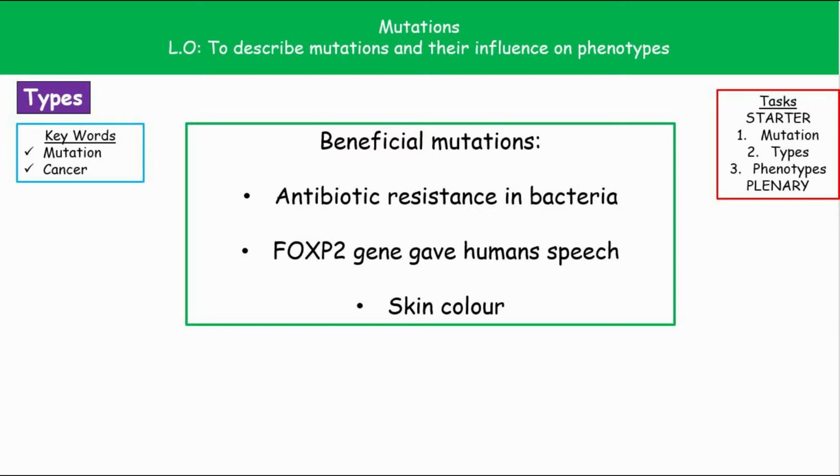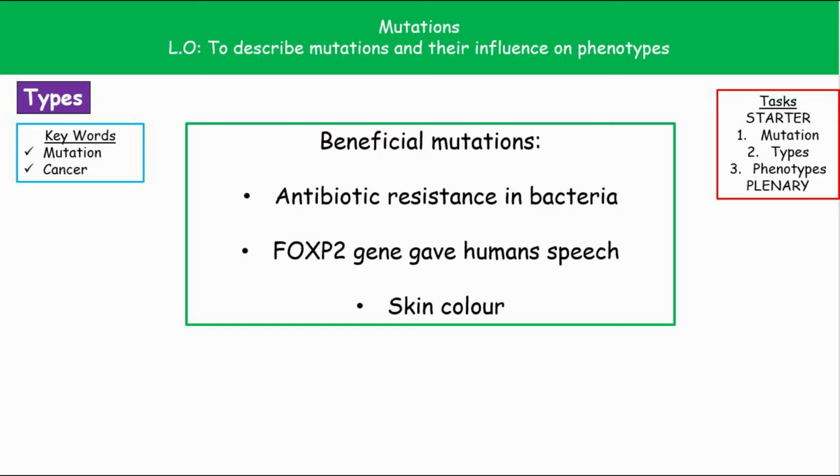When we moved to lovely climates like the UK and those places away from the equator, then the amount of ultraviolet in the sun was decreased. The intensity of the sun's rays as we move further from the equator does decrease, and actually having darker skin isn't an advantage there.